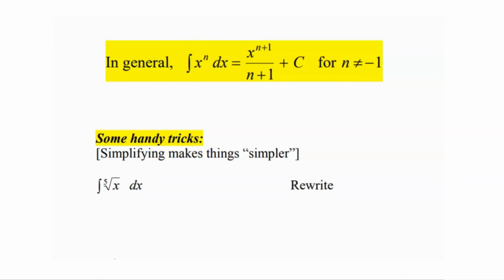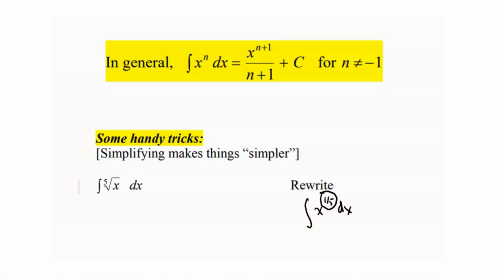All right, for the last part of the video, let's look at some tricks that we can do to make things a little bit simpler. So remember, we have this power rule, so we want to have exponents. There are going to be a lot of times where we have to rewrite the original function that's in the integral. For example, if we had the 5th root of x, we're going to rewrite that as x to the 1/5 dx so that we can see what the exponent is.